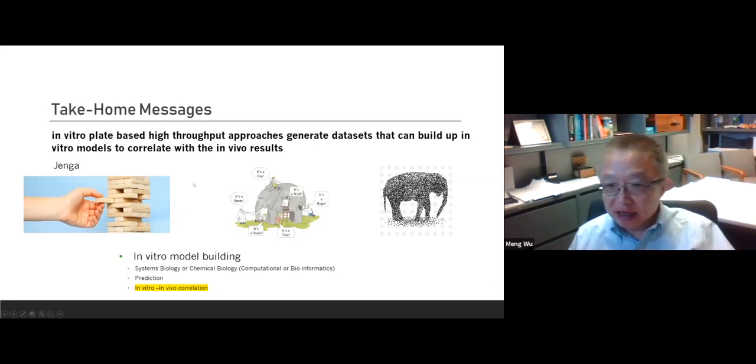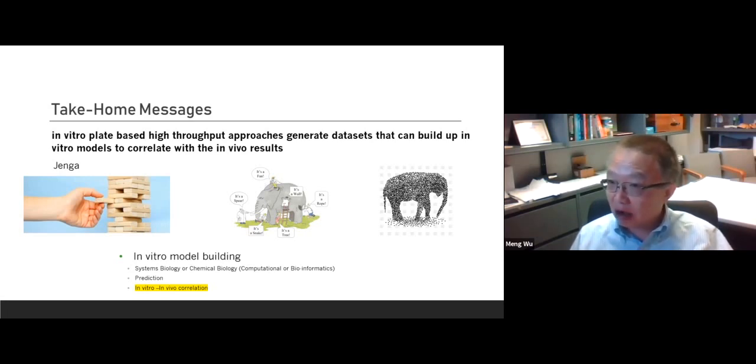The common question we get is why you want to do high throughput screening. And this is what I want to say. The in vitro plate-based high throughput approach generates data sets that can build in vitro models to correlate with in vivo results. You notice I repeat the exact same words on the slides because it is a common research approach. Jenga shows the common one element at a time.